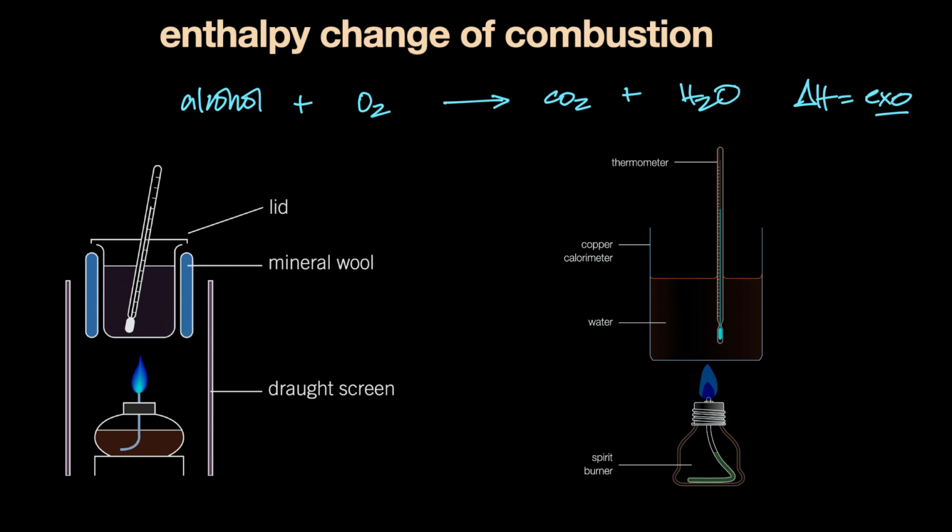Have the beaker be a metal container, not a glass beaker. And you will lag the sides with either mineral wool or some other foam, but not normal foam, because it might catch fire. And you'll also want to put a lid on it, because you don't want evaporation taking place. And the thermometer inside measures the heat gained by the water. So that's the setup that you should keep in mind. They will not ask you to draw the setup in AS.